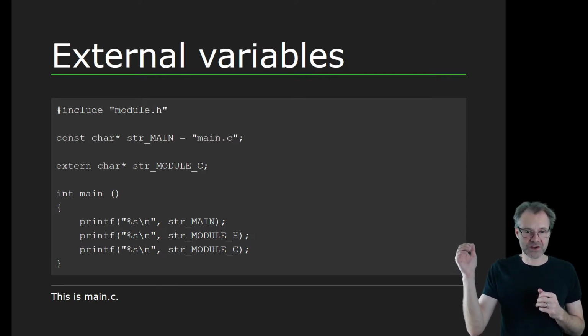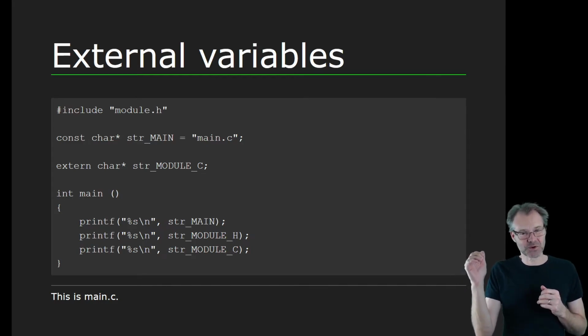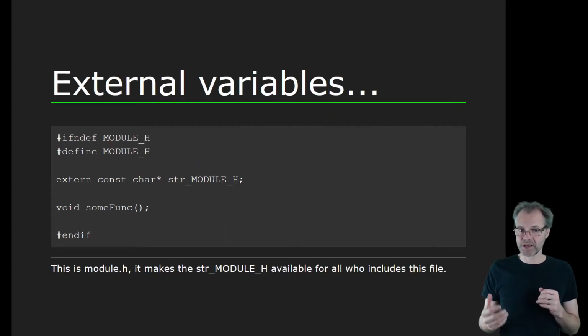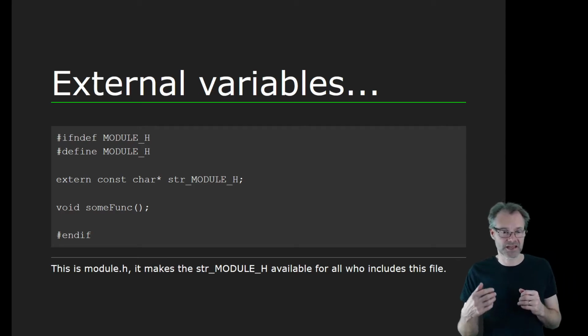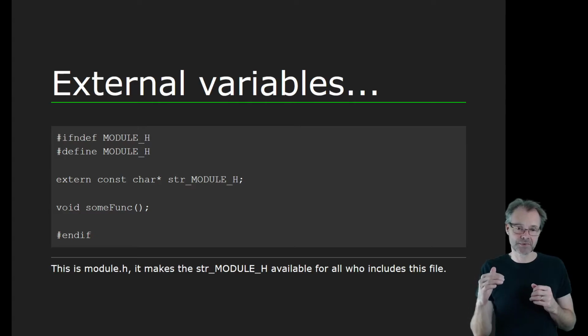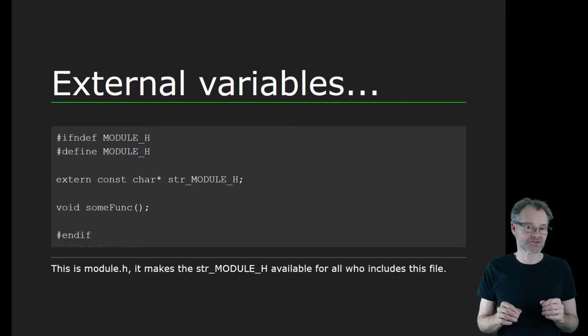Then I'm also referencing a module.h string down there, so that would most likely be declared in the module.h file, and yes, it is. Here we see that the string module.h is declared, but it's still extern, so it's not implemented here, it does not get its value here. Somewhere in the code it will be a string module.h with a value, but not here.